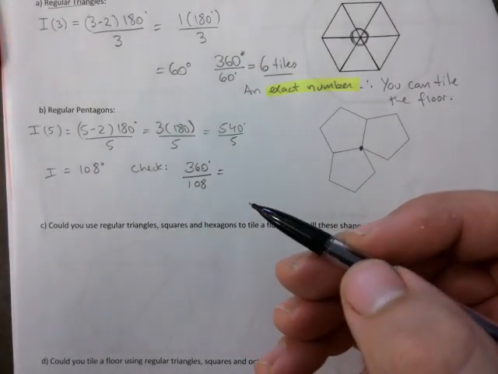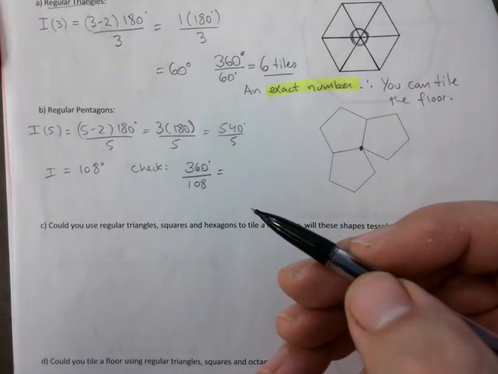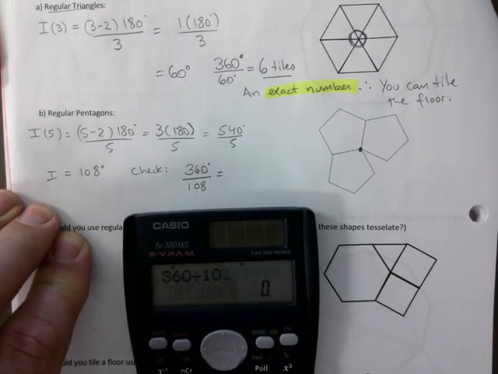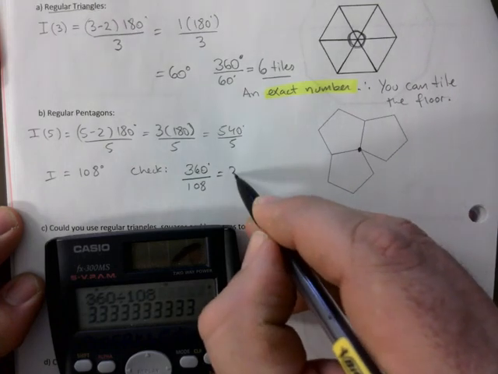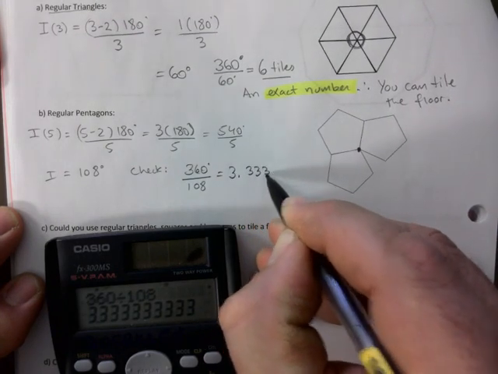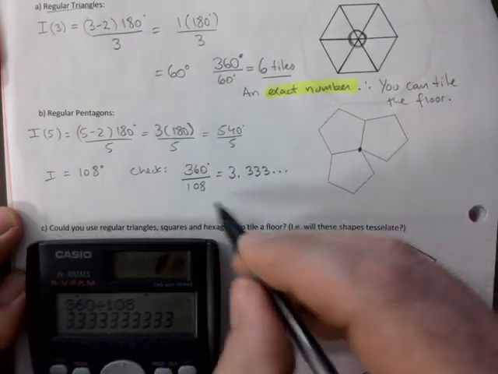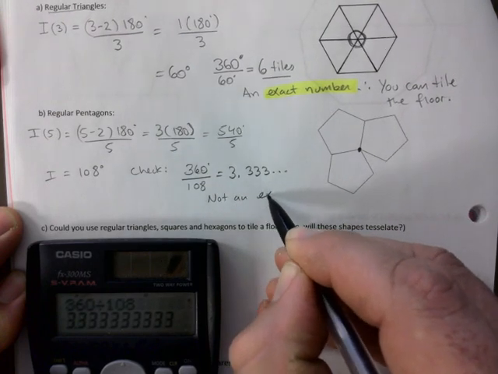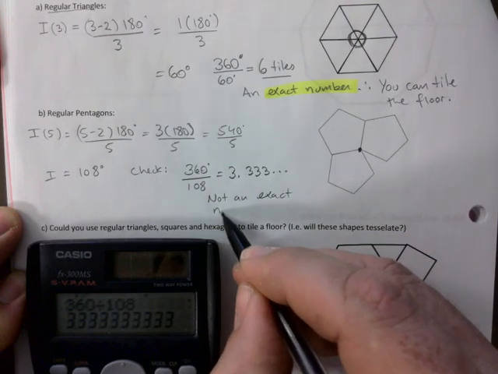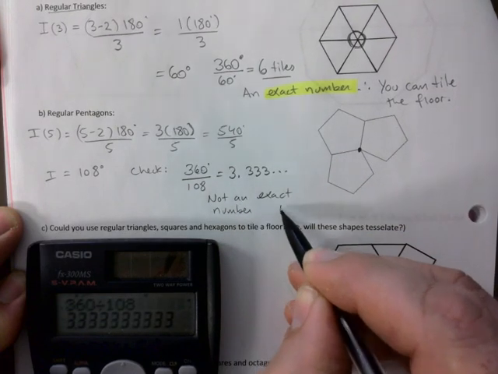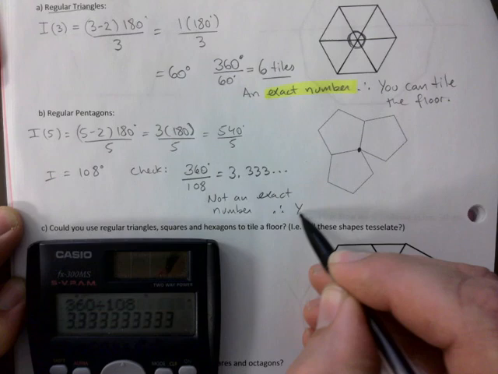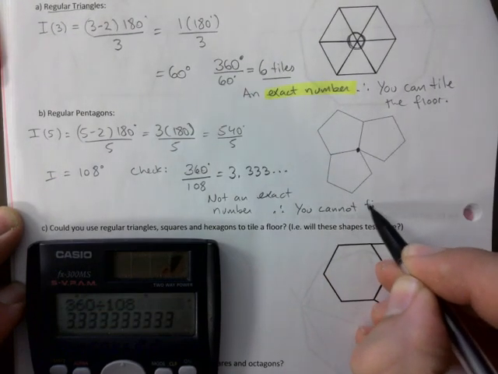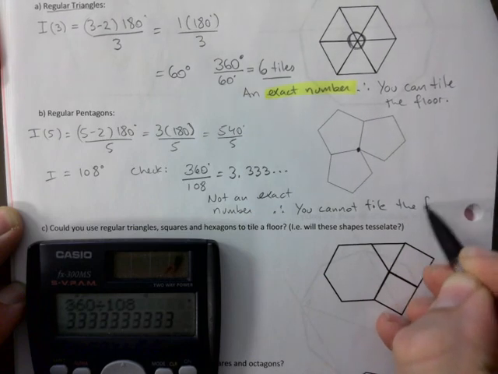That'll give us 3 point something, right? 3.33. Not an exact number. Therefore, you cannot tile the floor.